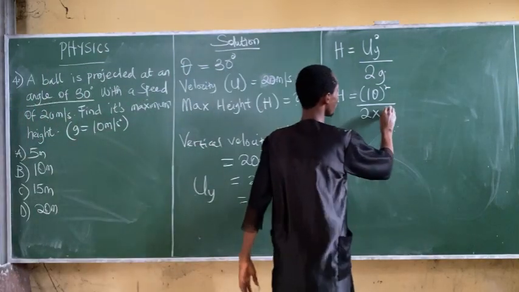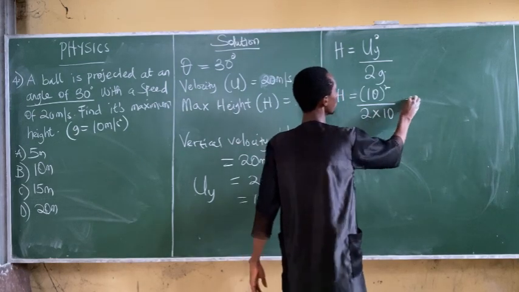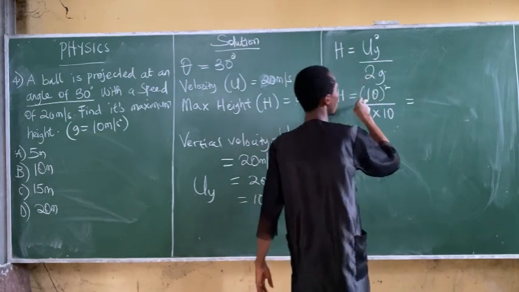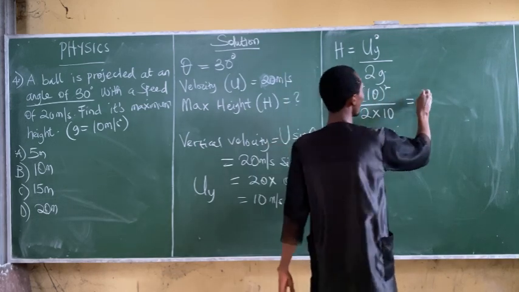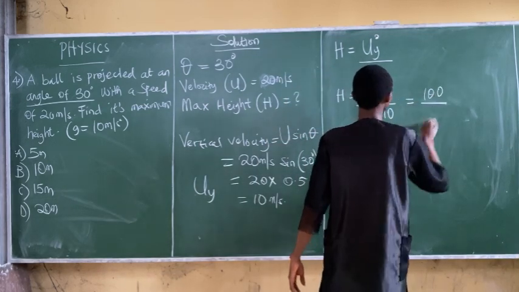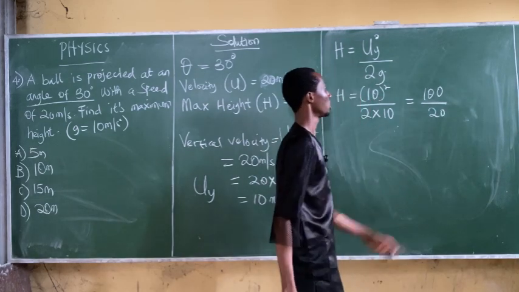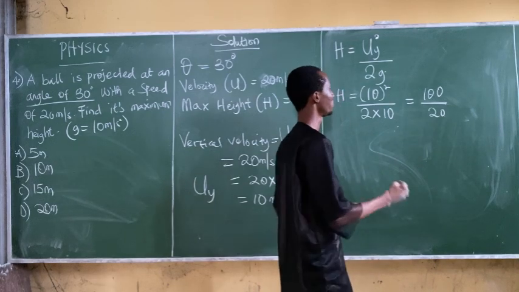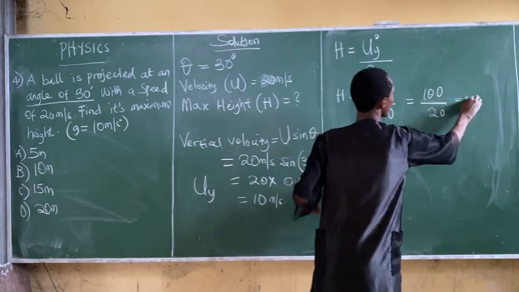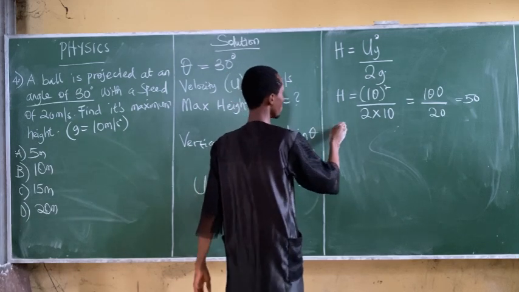So we have 10 squared over 2 times 10. 10 squared is 10 multiplying itself 2 times, that's 100, divided by 2 times 10, which is 20. 100 divided by 20 gives us 5.